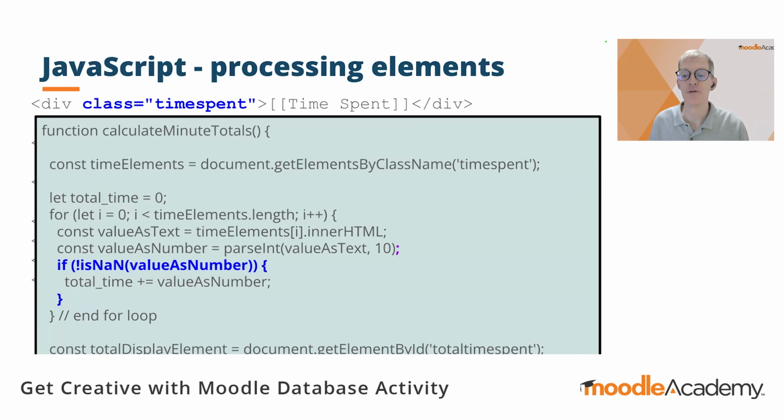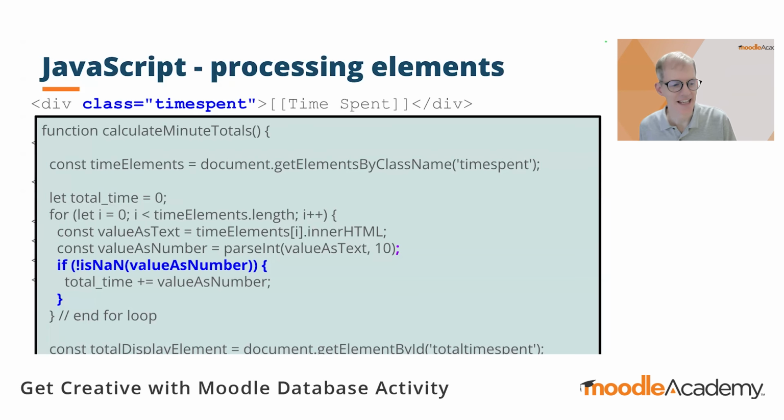The exclamation mark that you see in this if statement is for checking not, the opposite. So to confuse you further, this function isNaN checks if the value is equal to NaN. Is the value equal to NaN? With the exclamation mark in front of it, we are checking for not NaN, i.e., is value as number not NaN.